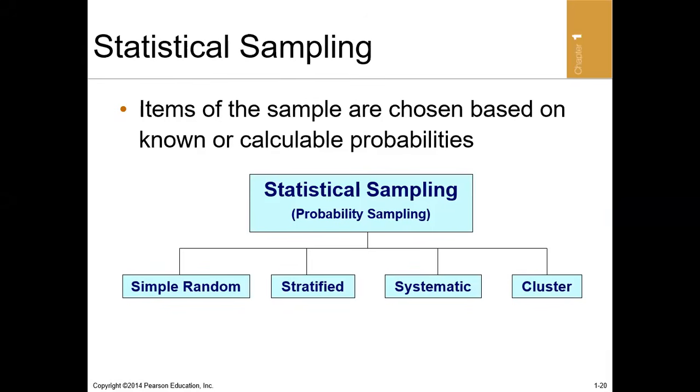It has three names. So there are four of them. We have the simple random sampling, the stratified random sampling, the systematic random sampling, and then the cluster random sampling.